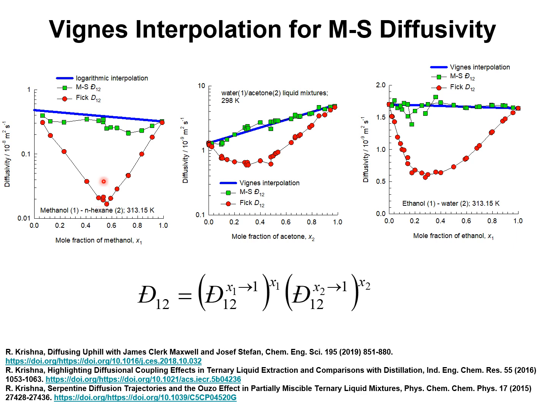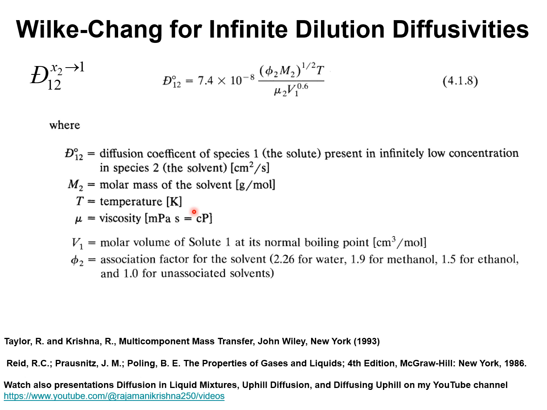The question arises, how do we estimate these infinite dilution diffusivity values? The most well-known expression for estimating the infinite dilution diffusivity values is the Wilke-Chang correlation, and I present this correlation as equation 4.1.8 from my textbook, Multicomponent Mass Transfer, John Wiley, 1993.